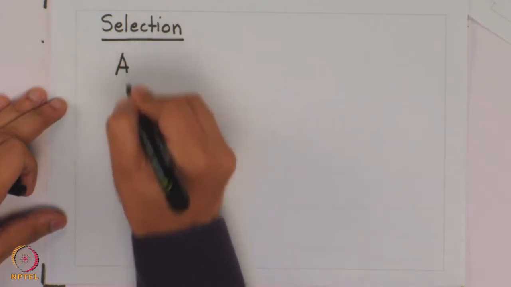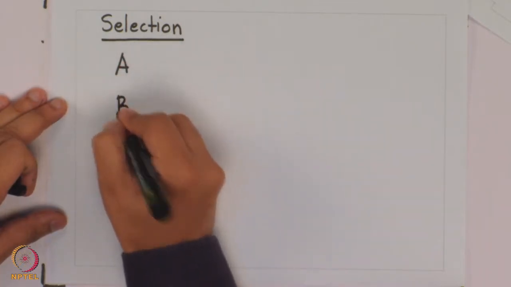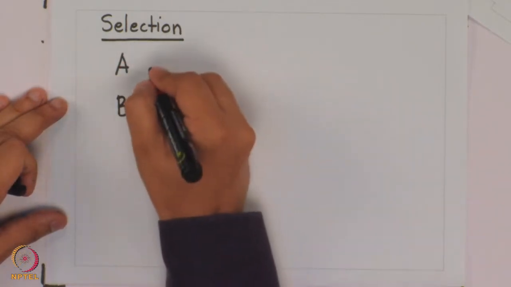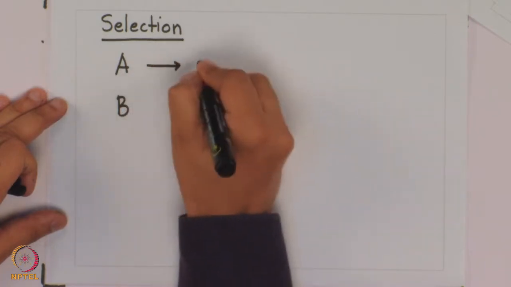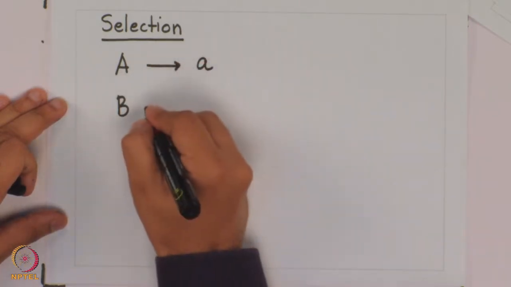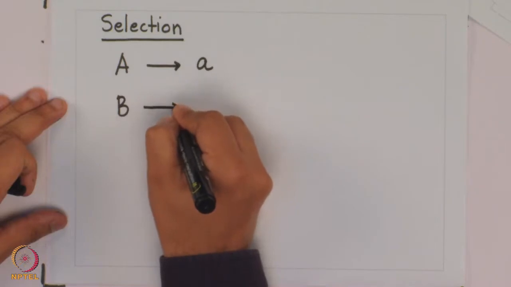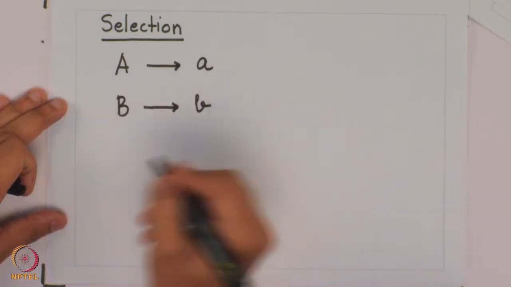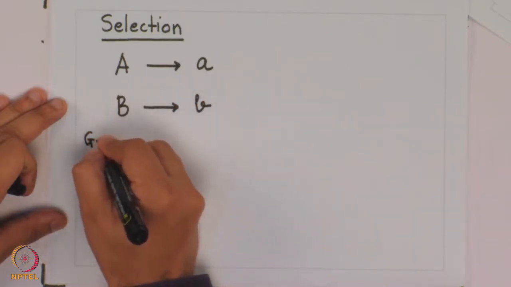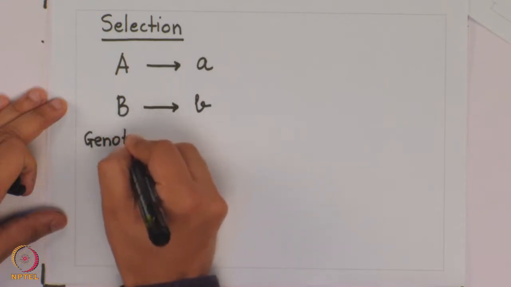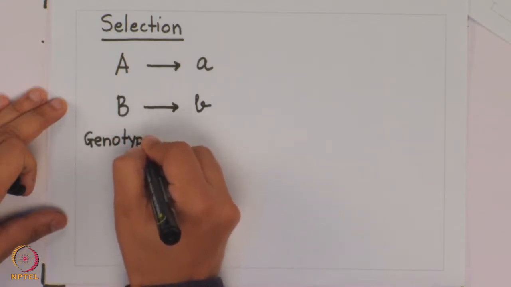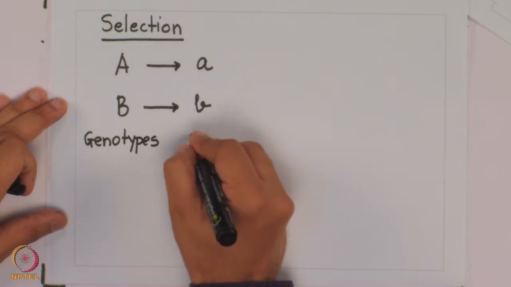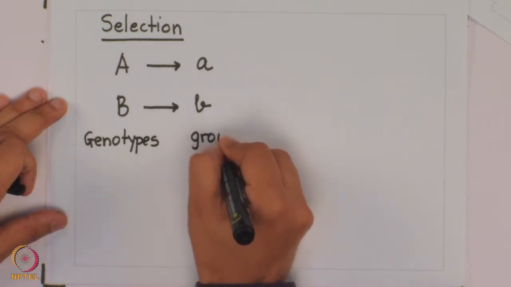So we will call the genotypes A and B. We will say that the growth rate associated with genotype A is small a, and the growth rate associated with genotype B is small b. So, these are genotypes and these are growth rates.